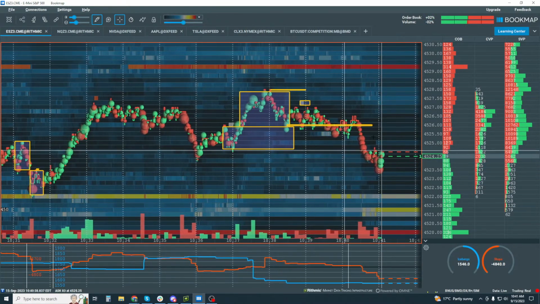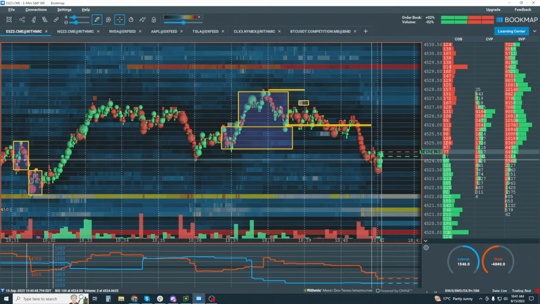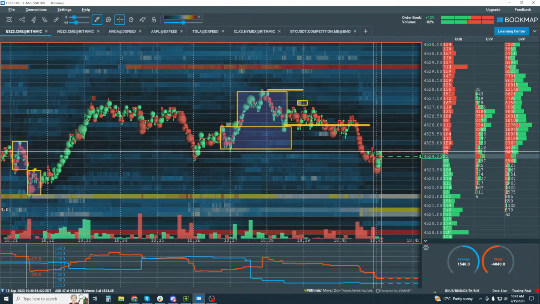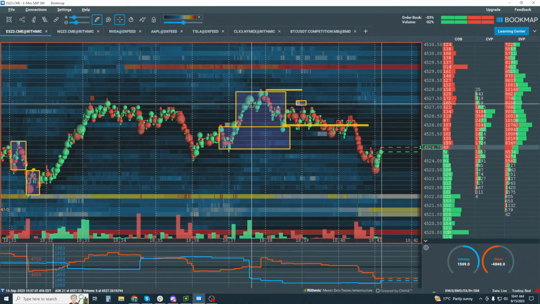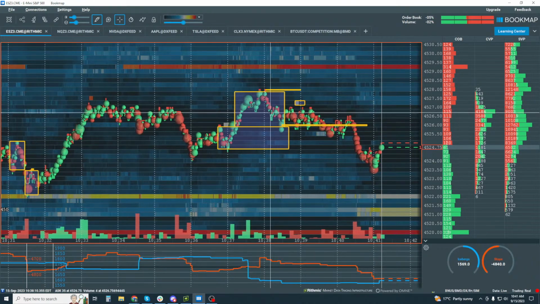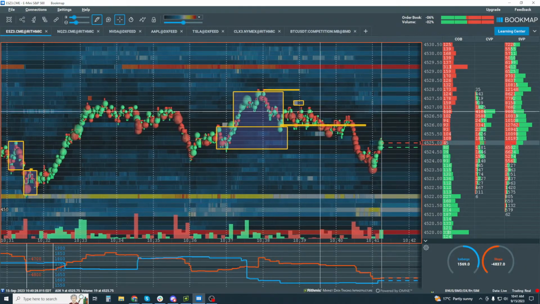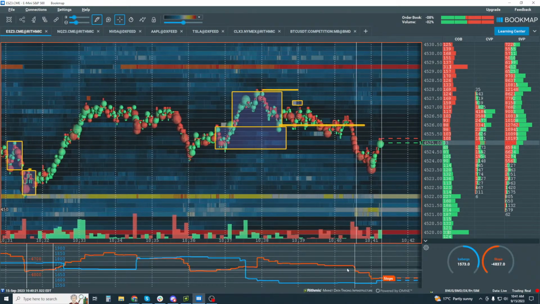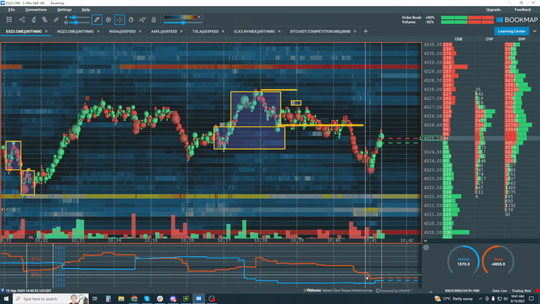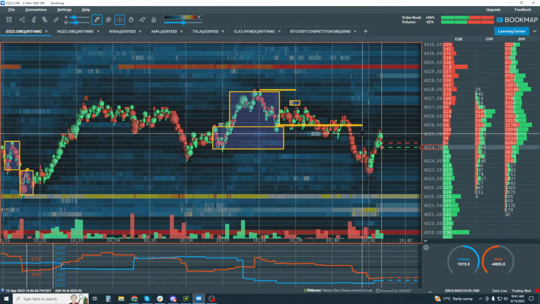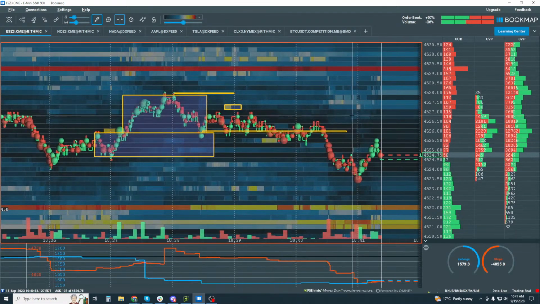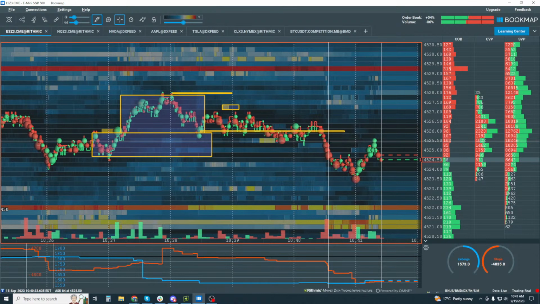We're assuming or anticipating a stop run, and we did get that. It's not a really big one, but we do see some stops here. And now we can look at another thing in here.